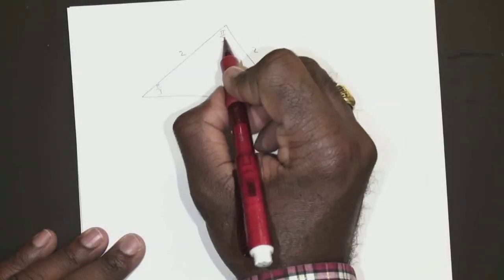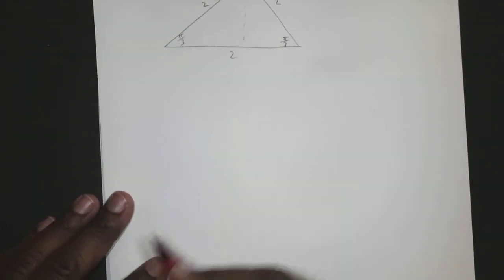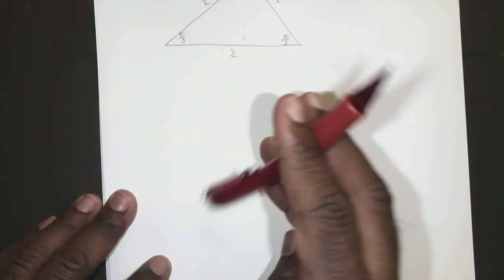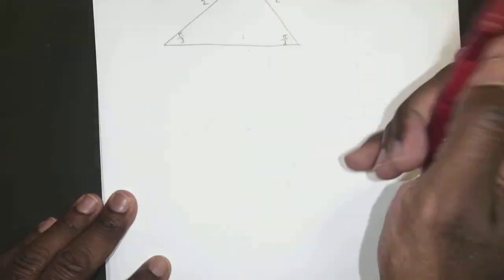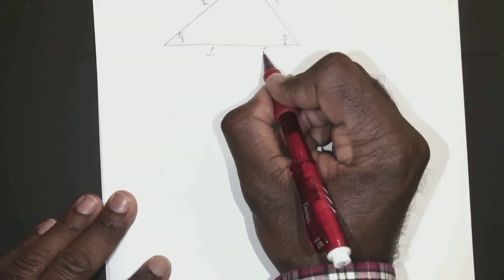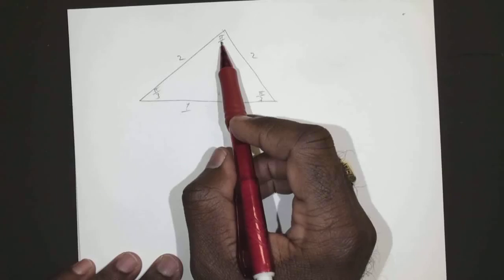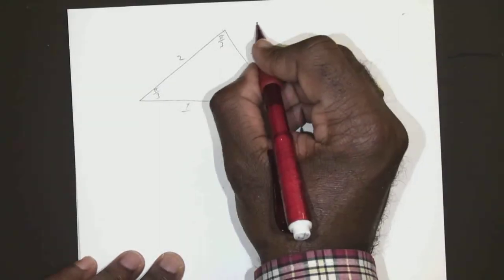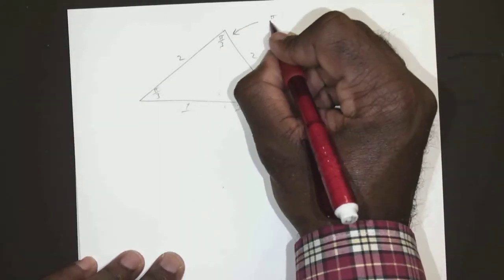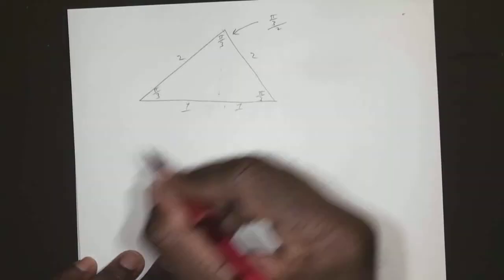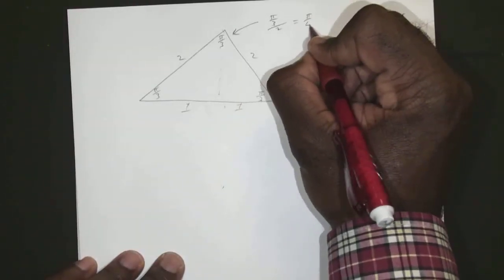Okay, so if you get this and you cut it right down the middle, then that means instead of 2, this becomes 1 on this side and 1 on this side. And this pi over 3 is cut in half. So pi over 3 divided by 2 just becomes pi over 6.